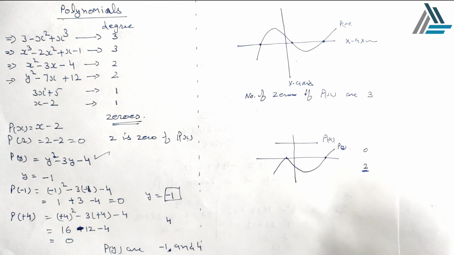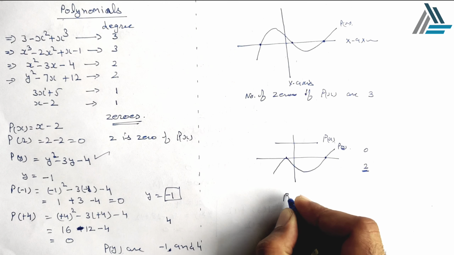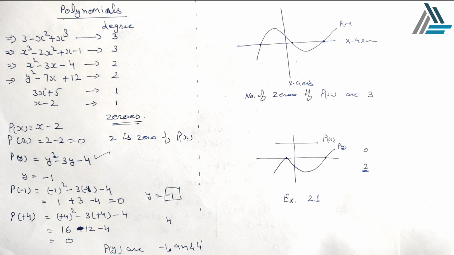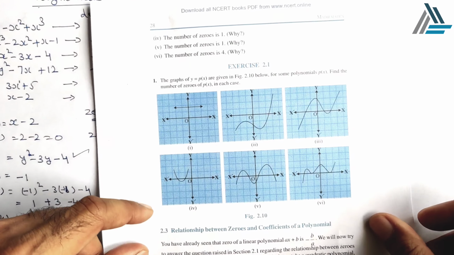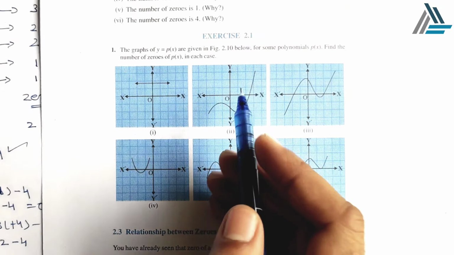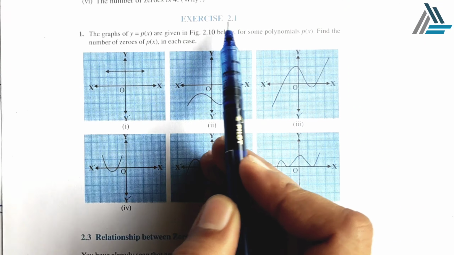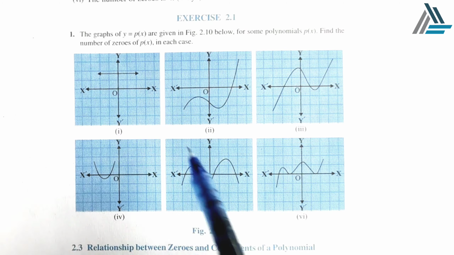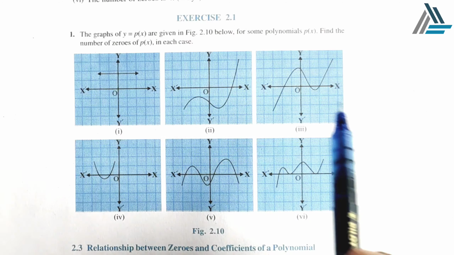Now we are going to solve our first exercise of the second chapter, exercise 2.1, which is very easy. This is the first sum of exercise 2.1. Graphs of p(x) are given. Polynomial graphs are given here in 6 cases.